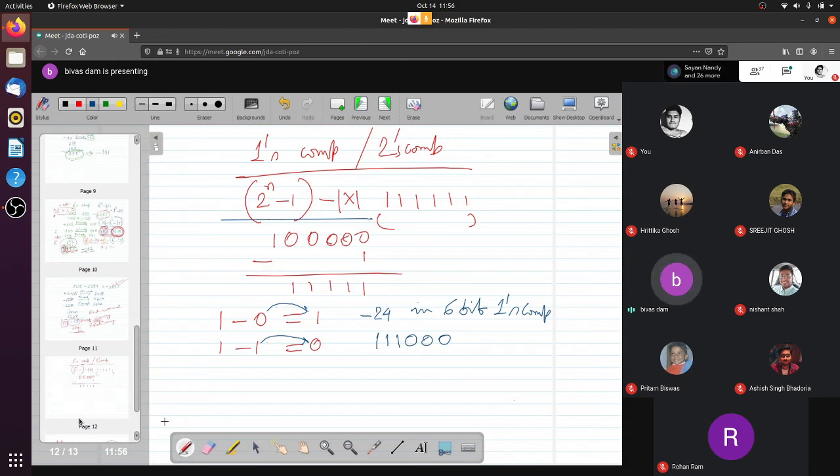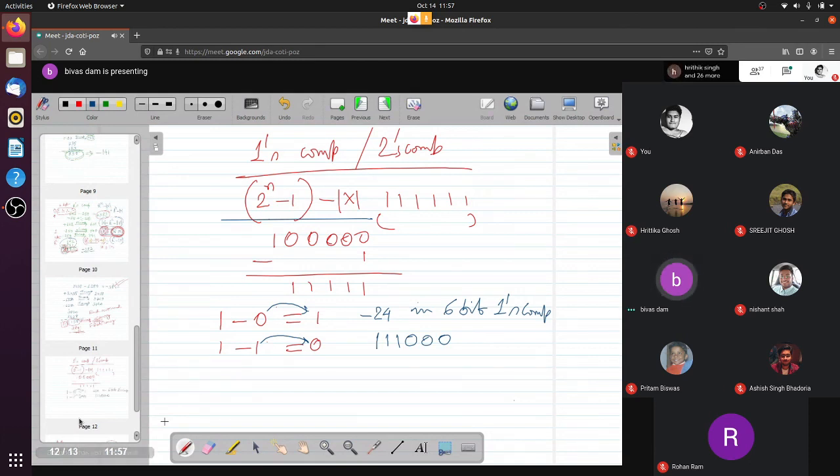While finding out the ones complement of any number, be it positive, be it negative, any number, my starting point would be the sign magnitude representation of the number considering it to be positive.